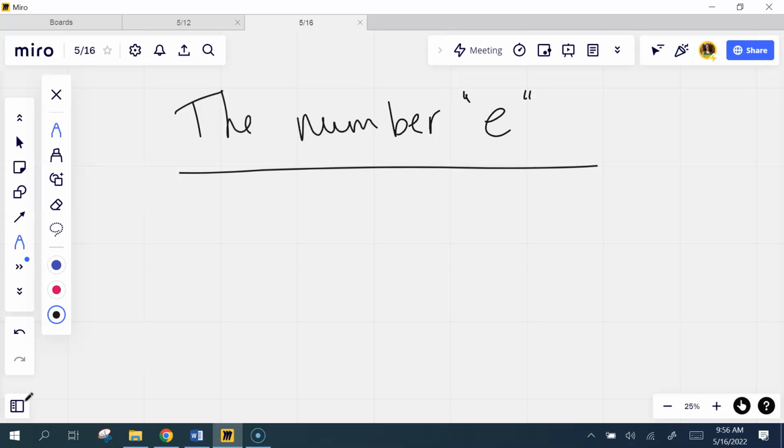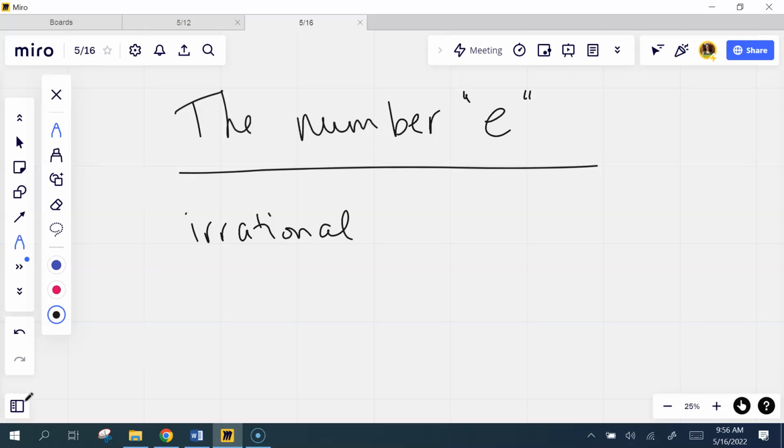So e is actually an irrational number. What does irrational mean? Give me an example of a common irrational number that you know. Pi is irrational.